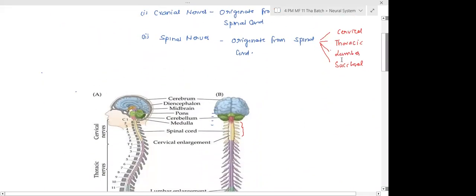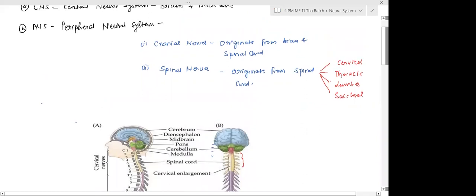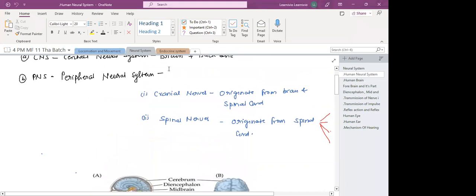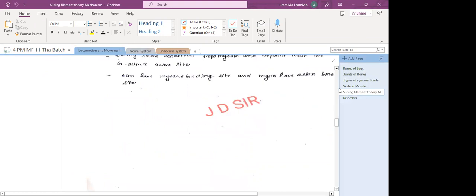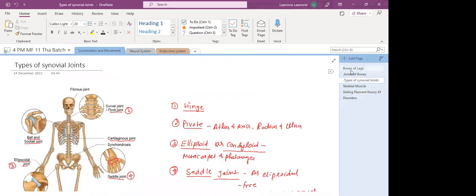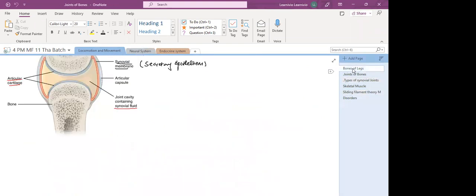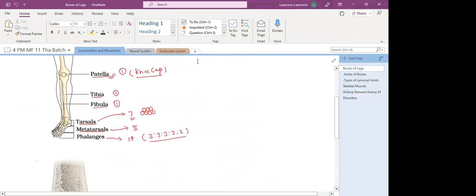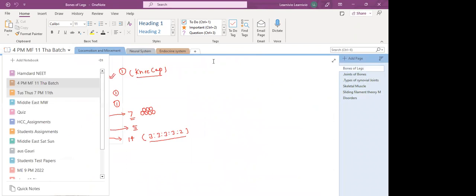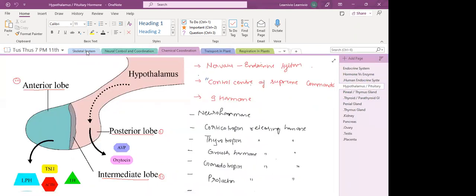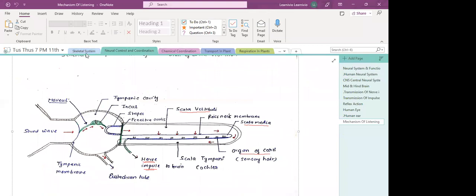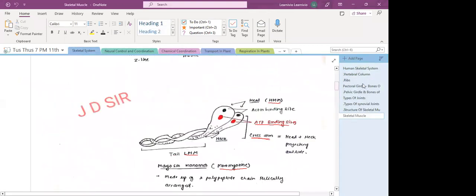And further we have divided. I was telling you that we divide the backbone in four parts. Let me make you understand how we divide. Where is the backbone?